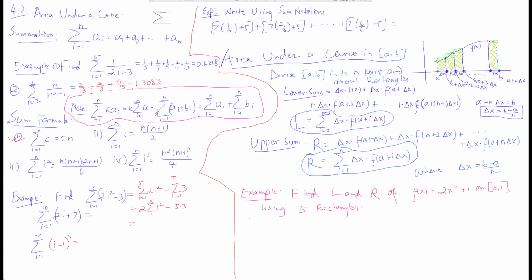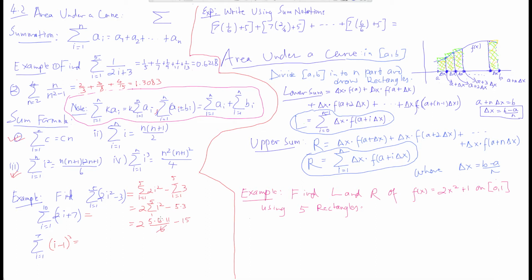Now, 2 times, what is the formula for the sum of i squared? It is formula number 3. So n is 5 in our case. So it is 5 times 5 plus 1 times 2 times 5 plus 1, divided by 6, minus 5 times 3 is 15, right?